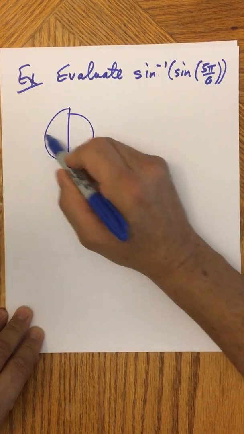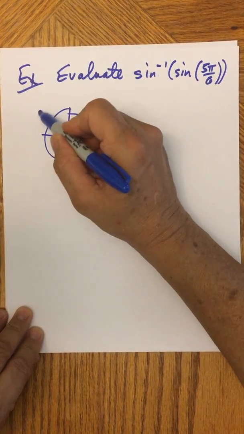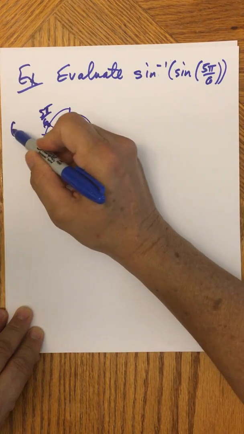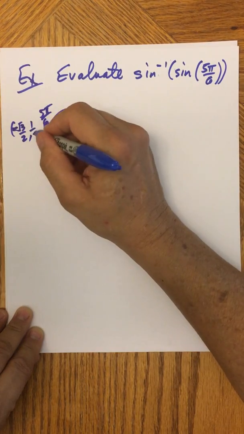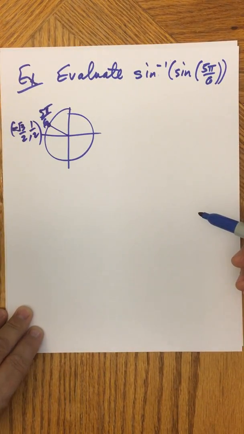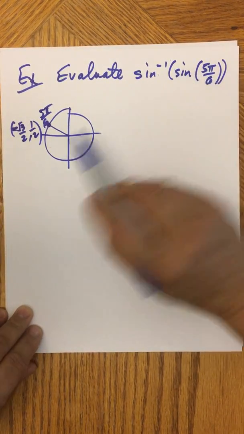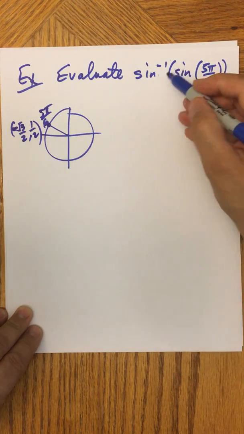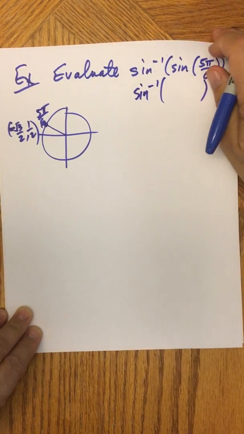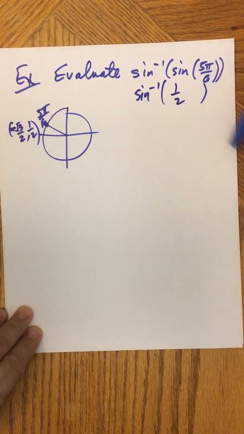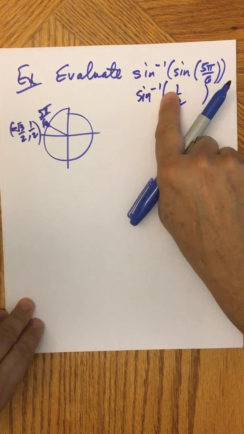At 5 pi/6, which is over here, you have negative square root 3/2 and a half. The sine is the y value, so when I evaluate it, I get a half. So now I can evaluate inverse sine of a half.